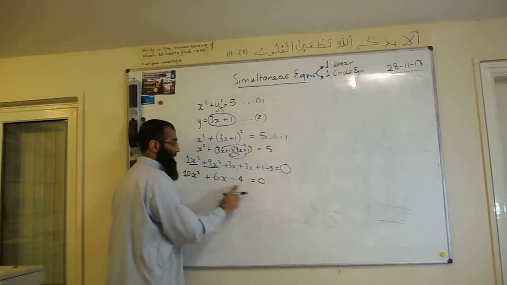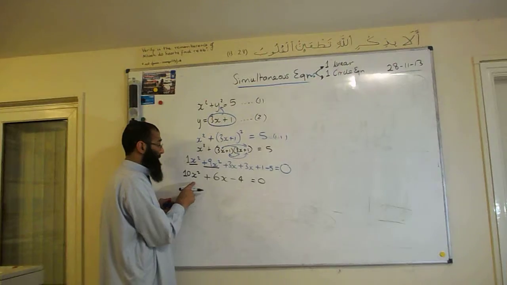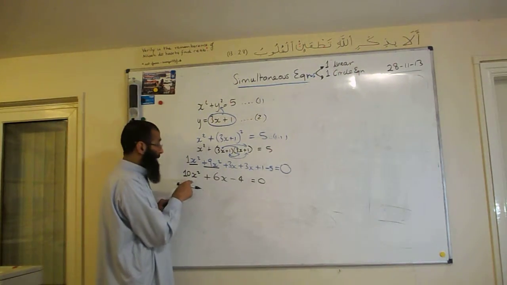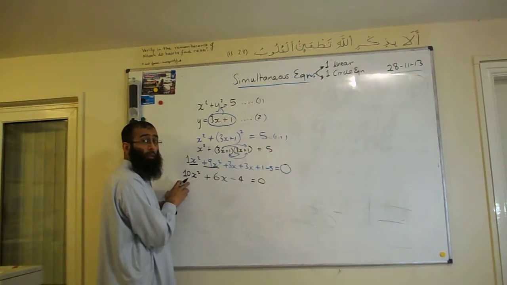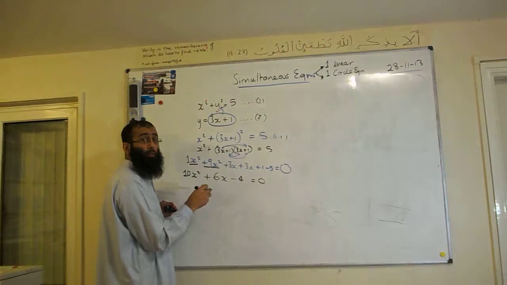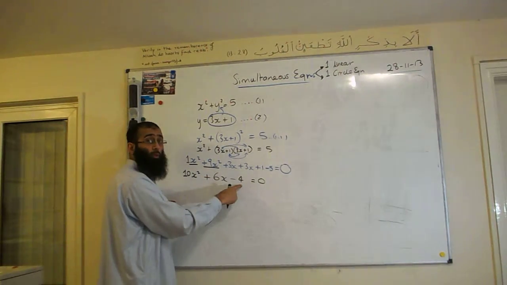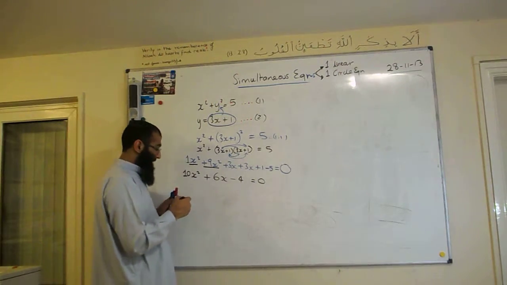Okay, so we have this quadratic equation. Normally, when we factorize quadratic equations, the coefficient of x squared is 1, but 10 at the moment is quite a big number. So we're trying to simplify this and get down to a smaller number. If you look at 10, 6 and 4, the highest common factor is 2. So we're going to simplify all of this by dividing everything by 2.